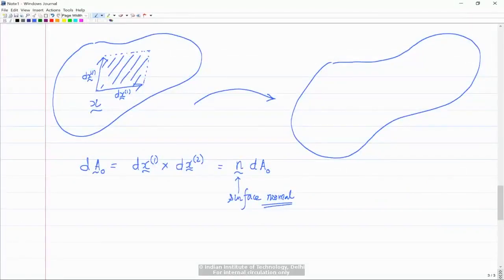So I want to see what happens to this area in the deformed configuration. It may have become like this, right?